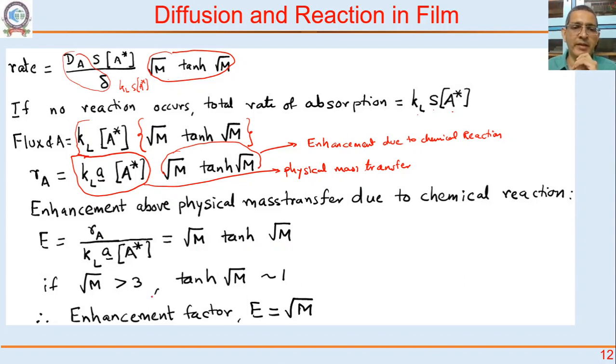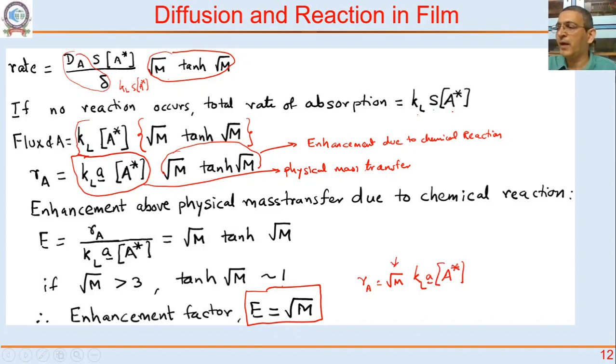And if root m is greater than 3, hyperbolic tan root m is almost 1, so the enhancement factor is equal to root m. And then the rate we could write as root m multiplied by KL a and A star, the enhancement factor.